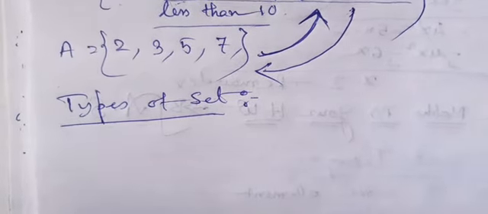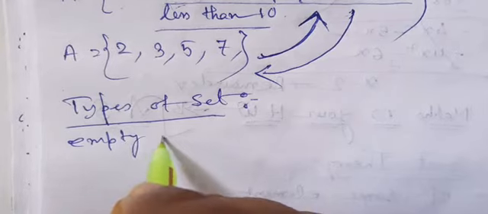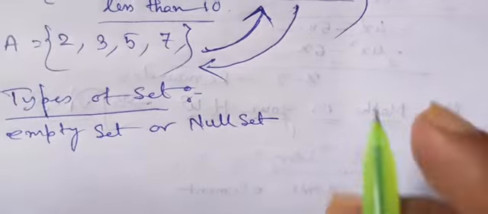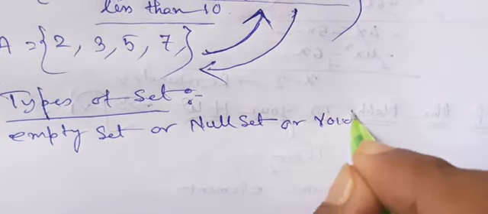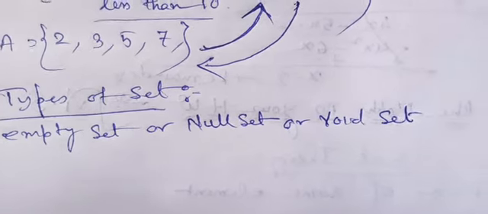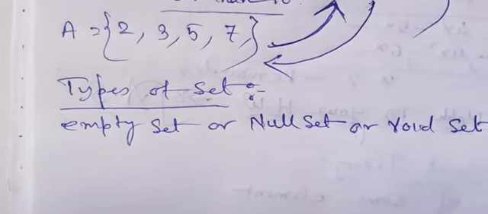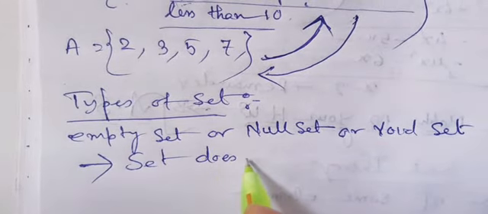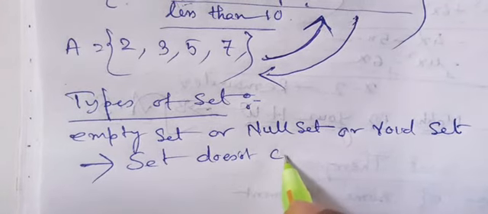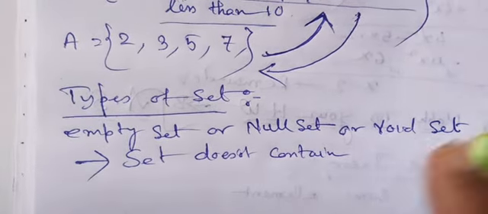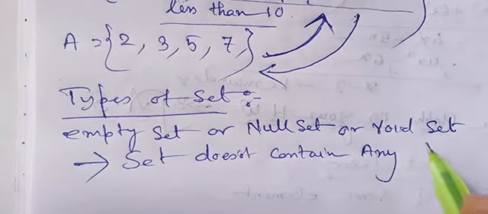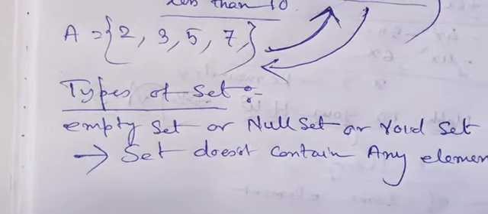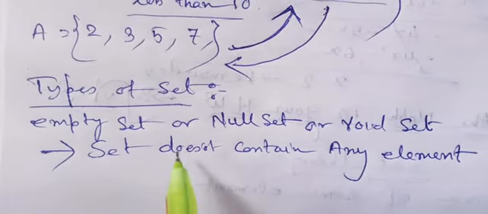First is the empty set, or null set, or void set. The set which doesn't contain any element is called the empty set.